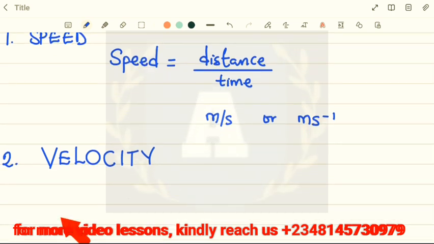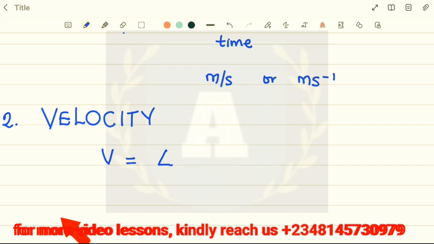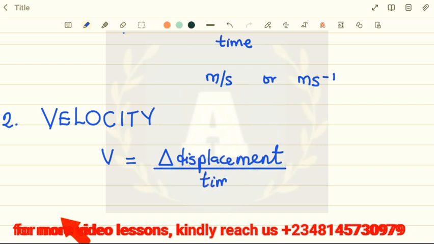So we can say velocity, with the symbol v, is equal to the change in displacement divided by time. That is, the change in the position of an object divided by time.